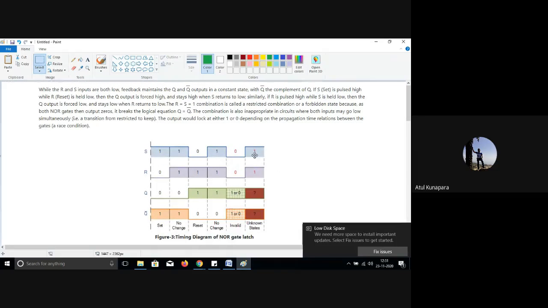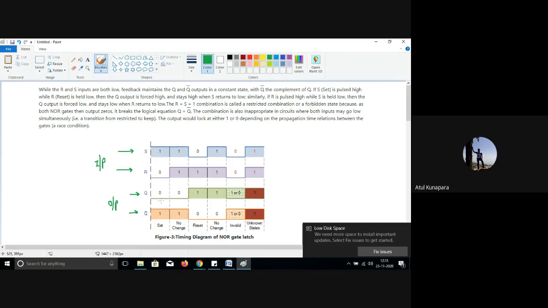So I'm saying that these signals are the input signals S and R, and these signals Q and Q bar are the outputs, right? So these are the output signals and these are the input signals. Okay. Now, as we have discussed earlier, R and S, the full form is reset and set.